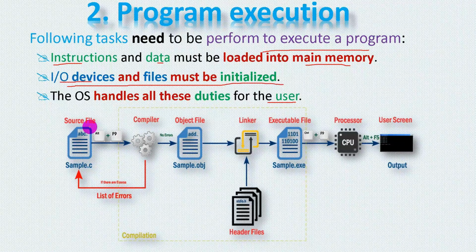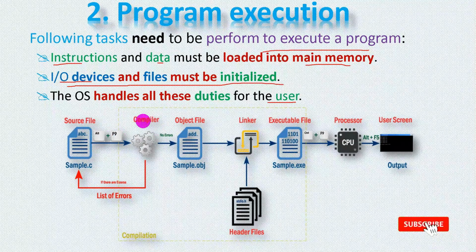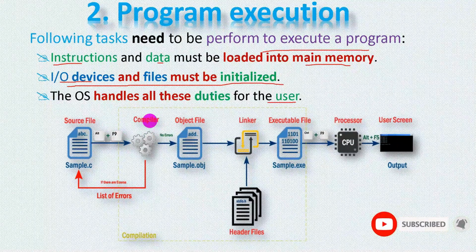This program is a high-level language, which means that it's understandable by humans, but the computer doesn't understand this high-level language, so it must be translated to low-level or object code, right? So we need a software, we call it compiler.